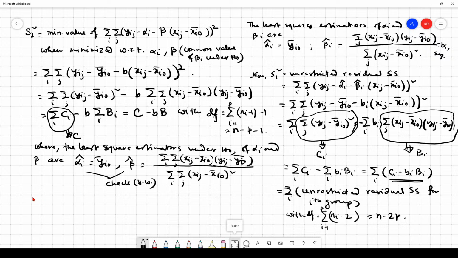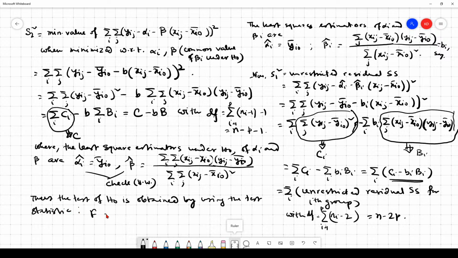Thus the test of H naught is obtained by using the test statistic F, which is equal to (S2 square minus S1 square) by S1 square, into the corresponding degrees of freedom, that is n minus 2p by p minus 1.